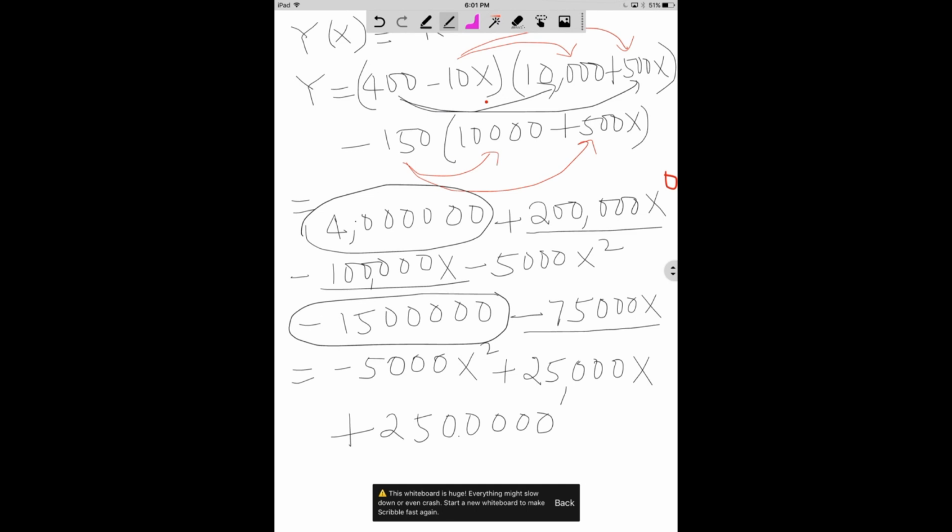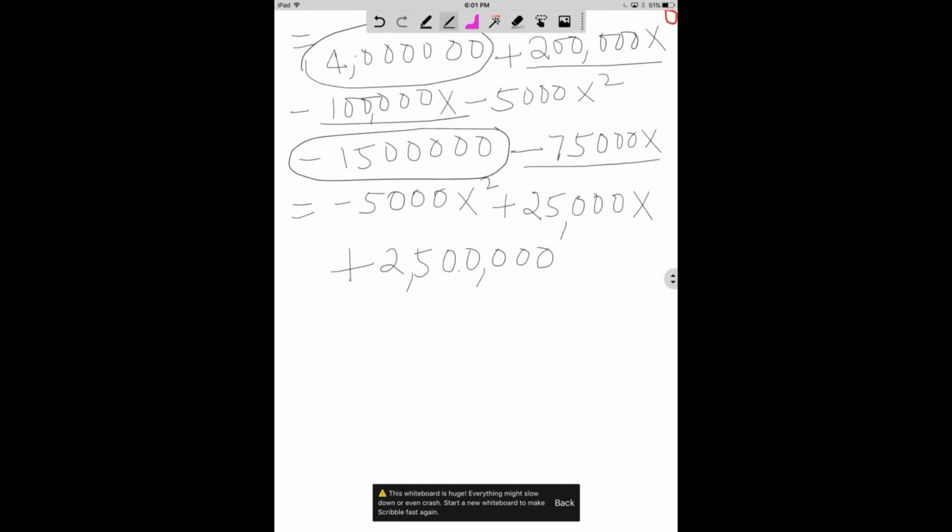Okay, so this is the profit formula: minus 5,000x squared plus 25,000x plus 2,500,000. So this is the equation of the y function. It should be a parabolic function.